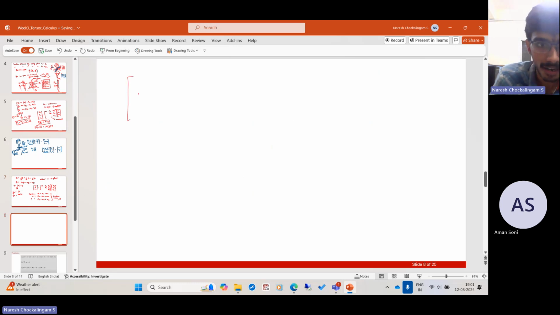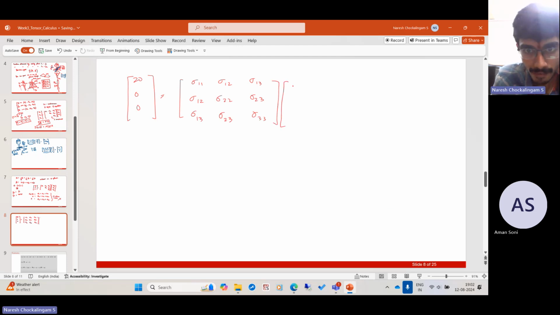You get 20, 0, 0 equals the stress tensor times 1 by root 3, 1 by root 3, 1 by root 3.